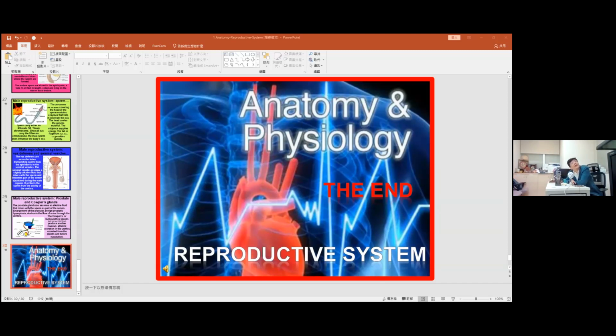Okay, maybe you should close the slide first, maybe, Prof. And then try to open again. Okay. Close this, yes. So do you see the slide? Not yet, Prof. Still anatomy and physiology, the end, Prof.